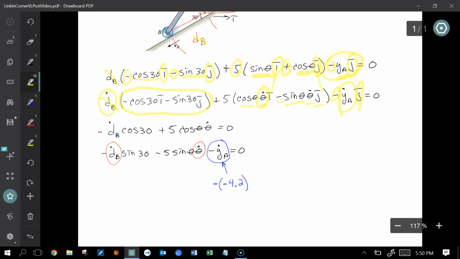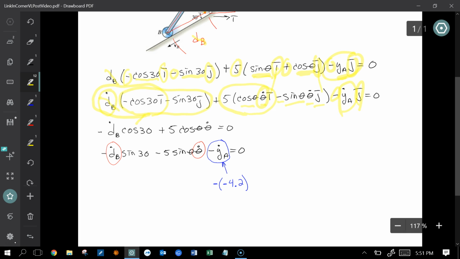So what do we do? You pull off the i's. On the left-hand side, we pull off all the i's. Here's one, this term right there: negative dB dot cosine 30. Keep looking for i's. Here's another i right here: a positive 5 cosine theta, theta dot. There are none left. That equals 0.